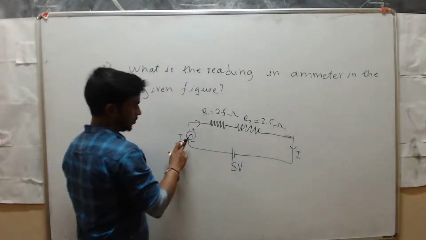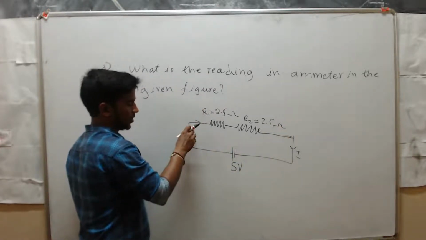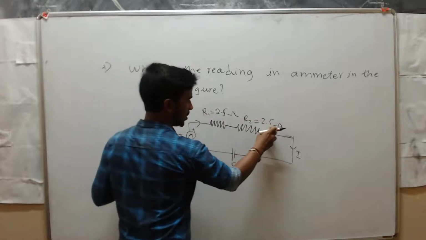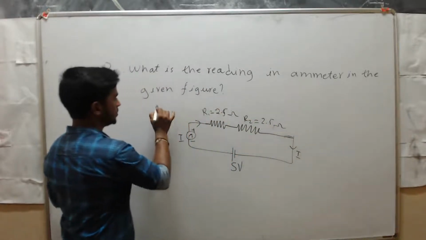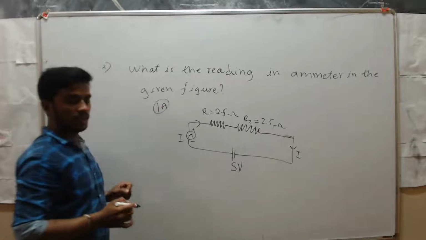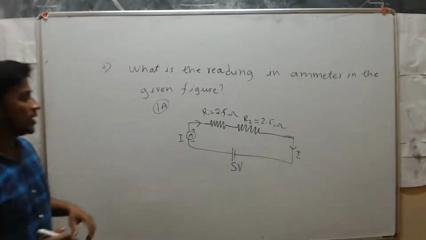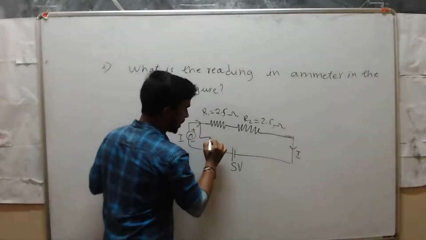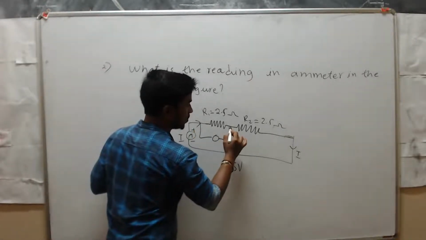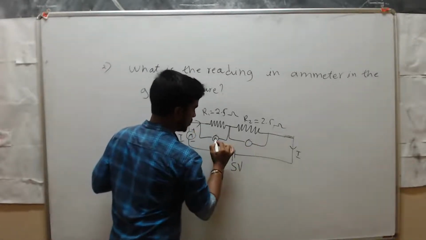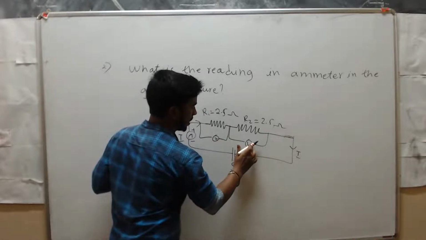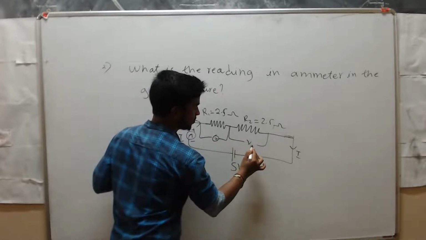If you measure the current here, or if you connect the ammeter here, here, or here, you will get the same answer. That is 1 ampere. Why? Because in a series circuit, current is constant. Now calculate the voltage across R1 and the voltage across R2. So V1 and V2.